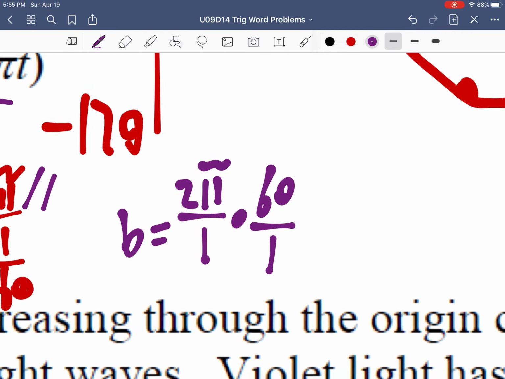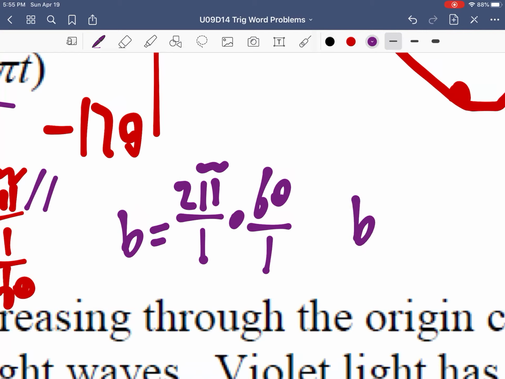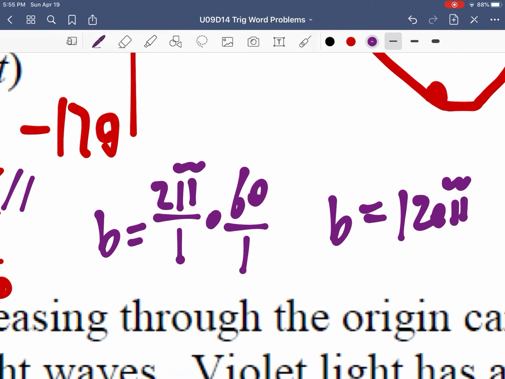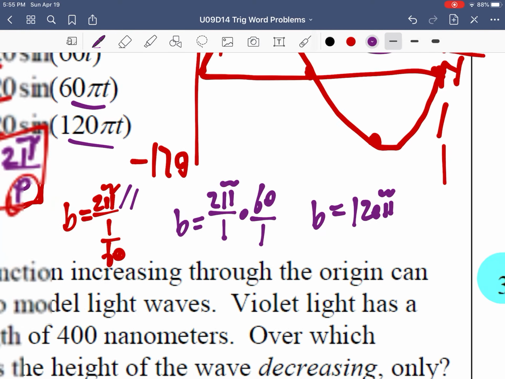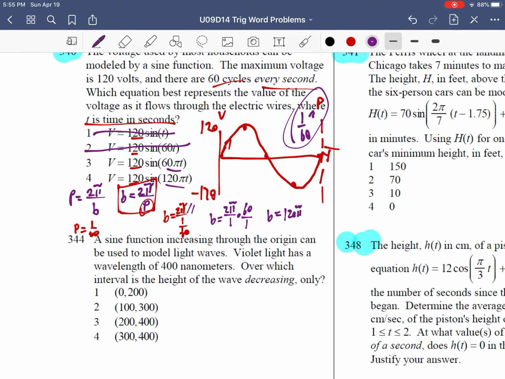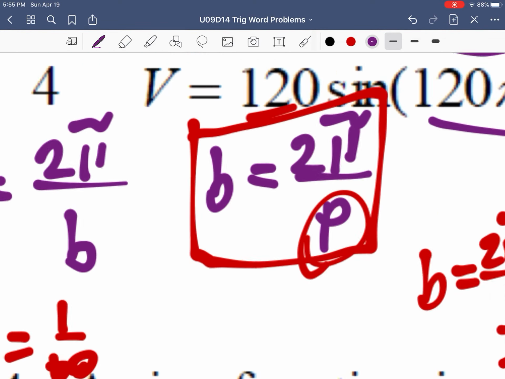So that's 60 over 1. So our frequency will be equal to 120 pi. So that means if you multiply 120 by 3-ish, that's about 360 of them in 360 degrees. So our answer is choice 4.